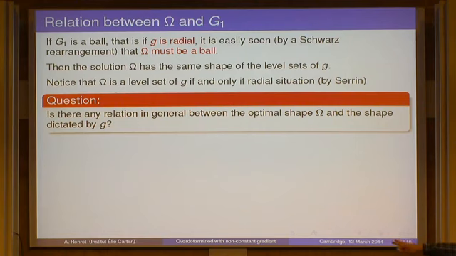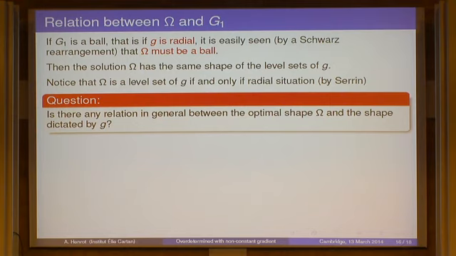It is just what I claimed at the beginning using the rearrangement, because the proof I did for the Saint-Venant problem works as well, because if you replace omega by the ball of same volume, you diminish phi of omega as soon as J has the property I gave.